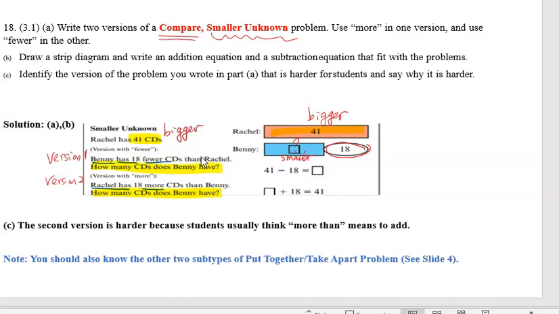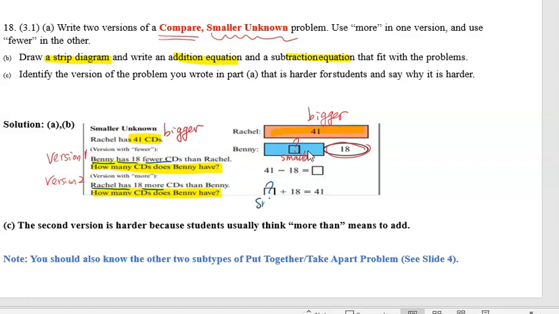So that's the strip diagram, and now we write an addition and a subtraction problem. When you look at the drawing, the smaller number, the blue part, which is the question mark, plus the 18, which is how many more Rachel has or how many fewer Benny has, equals the number of CDs Rachel has.